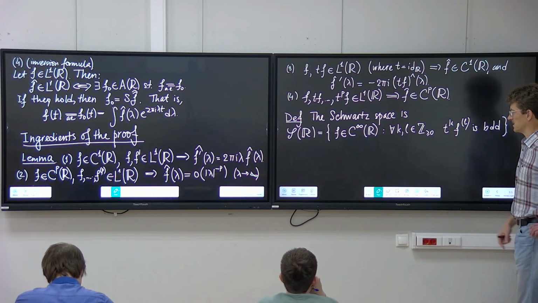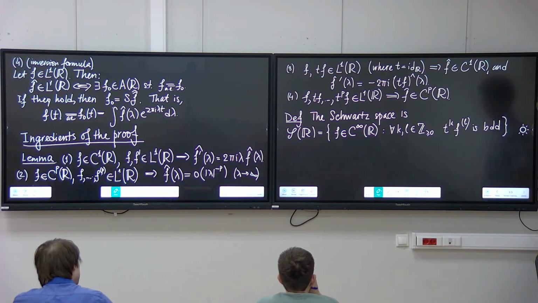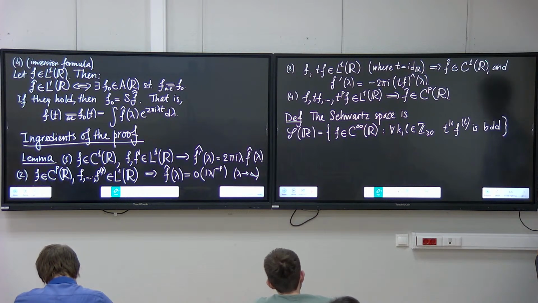So roughly this means that f is a function of rapid decay at infinity. It decays faster than 1 over every polynomial, and the same is true for all derivatives of f.